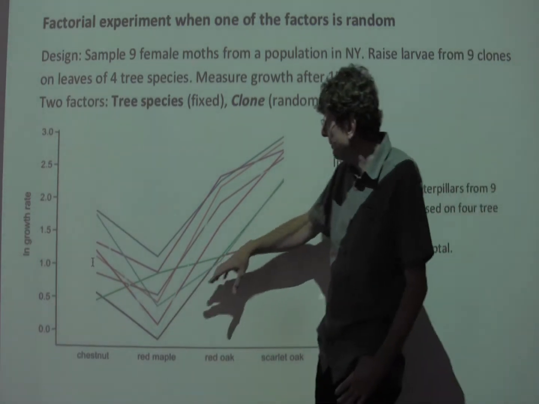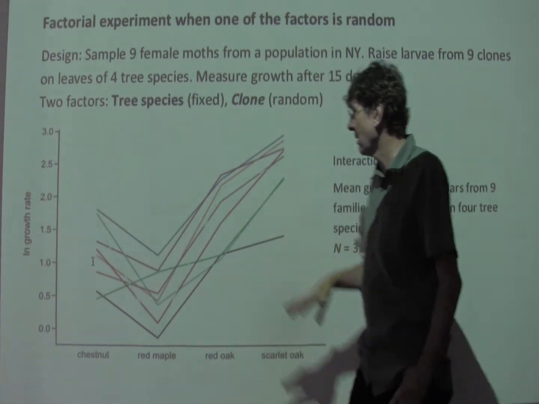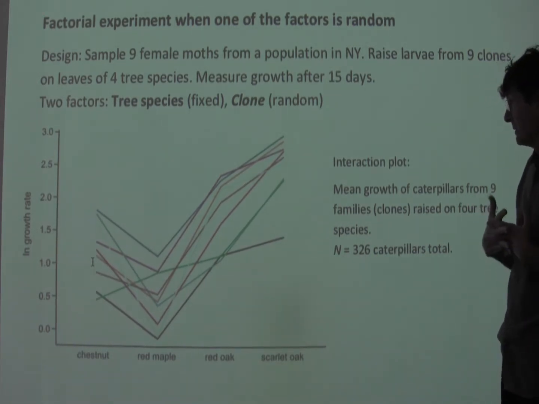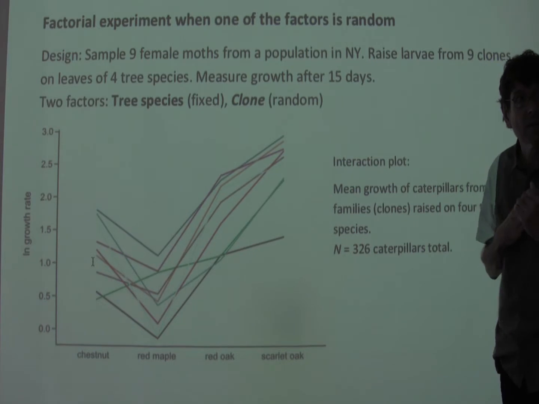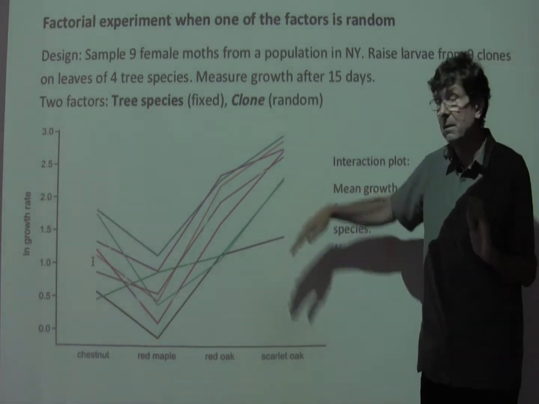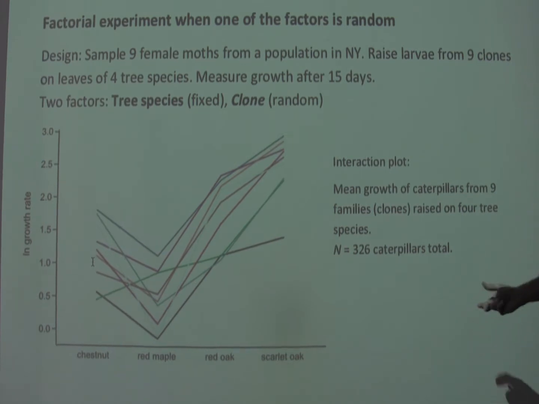And we can also see from the plots that the lines aren't necessarily parallel. In other words, it's possible that some clones are, say, better on one kind of tree relative to their performance on a second species of tree compared to other clones. And that specific factor was one of the things of greatest interest and motivated this experiment in the first place.